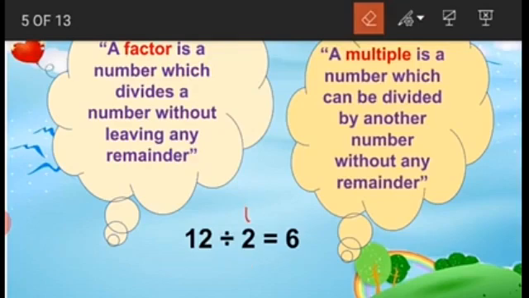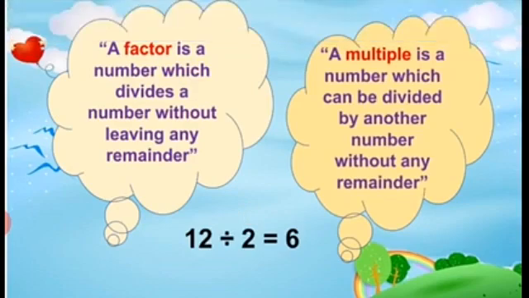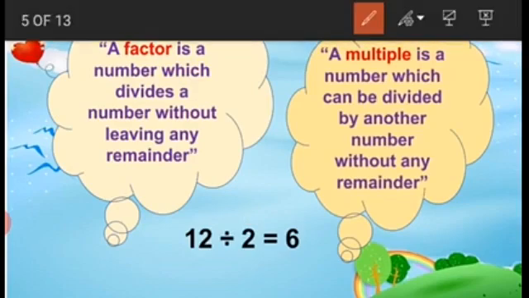Now class, what is a multiple? So a multiple is a number which can be divided by another number without any remainder. Okay students? So I am going to take this example again to make you understand.